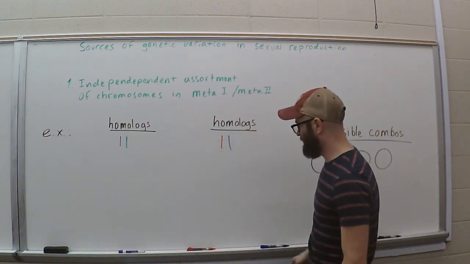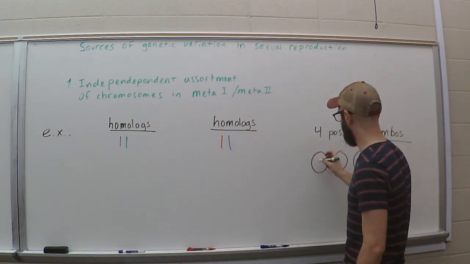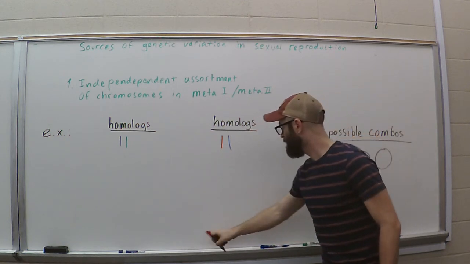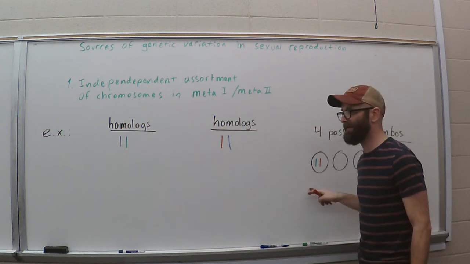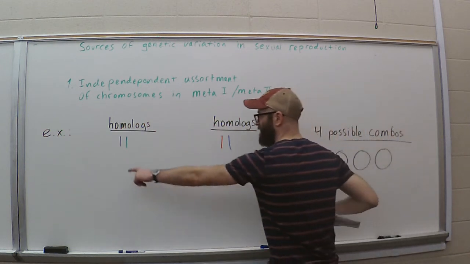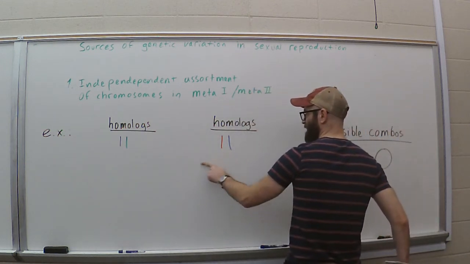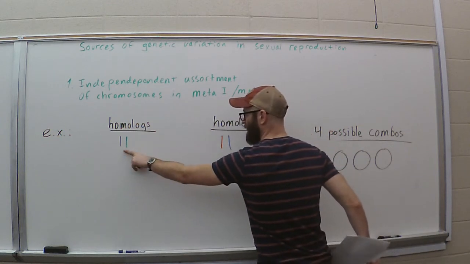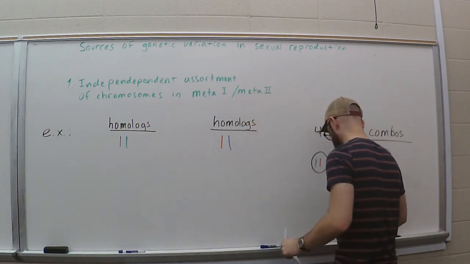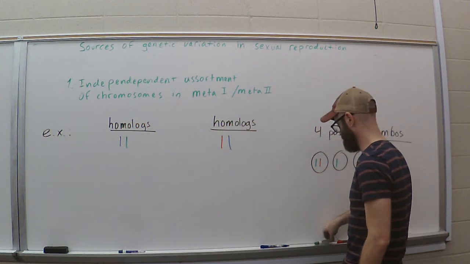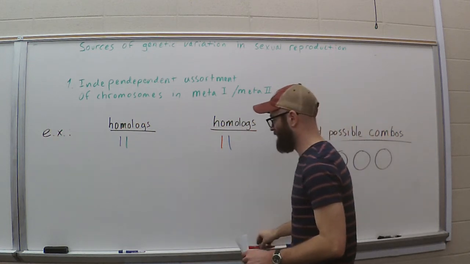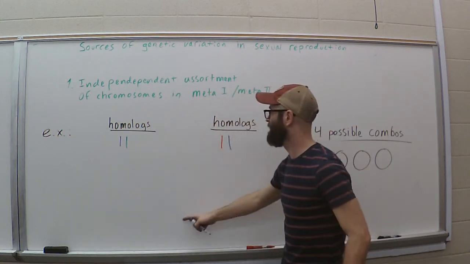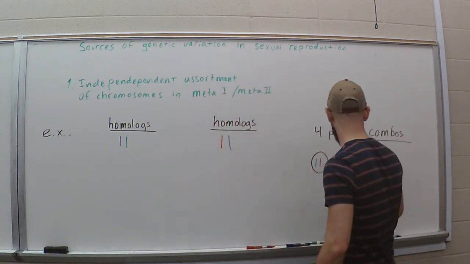All right? You could get a green one and a red one, because the gamete is going to get one from here and one from here. So we could get green and red, or we could get green and black. Or you could get purple and red, or purple and black.